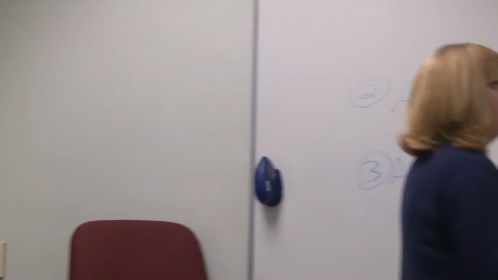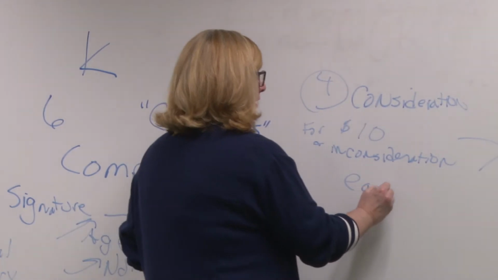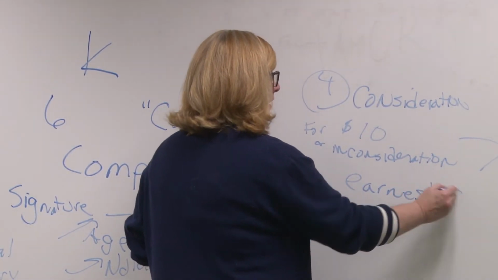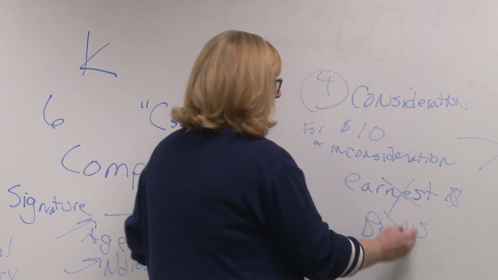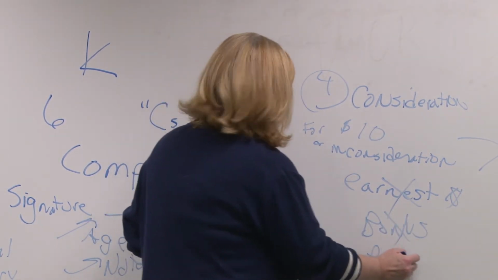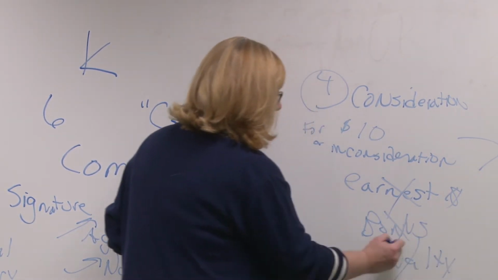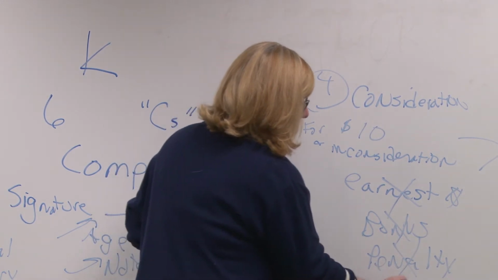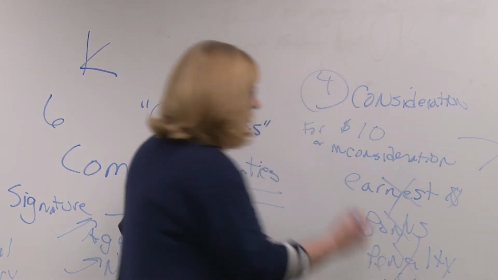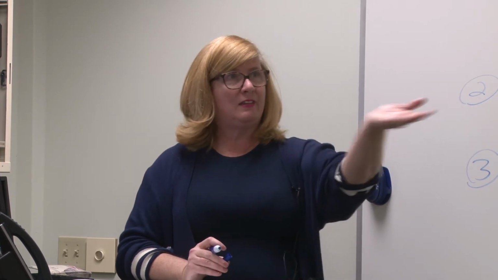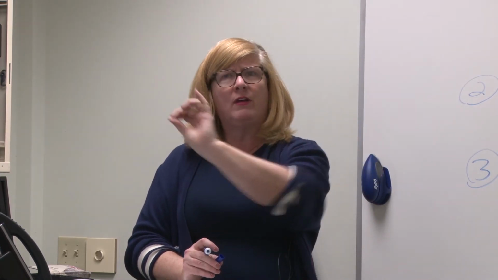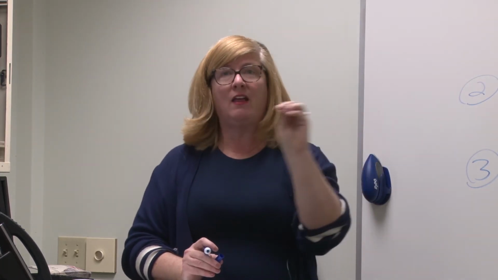It is not earnest money. It is also not a bonus. It is also not a penalty. It is also not a deposit. Consideration is a vehicle that just shows the parties considered something. So if you pull out a bill of sale for a car, for example, or you pull out a bill of sale for a motorcycle, you might see at the top, for and in consideration, $2, $5, $10.